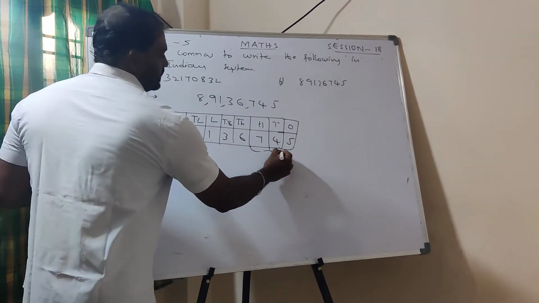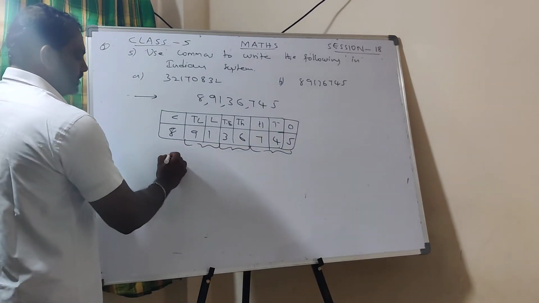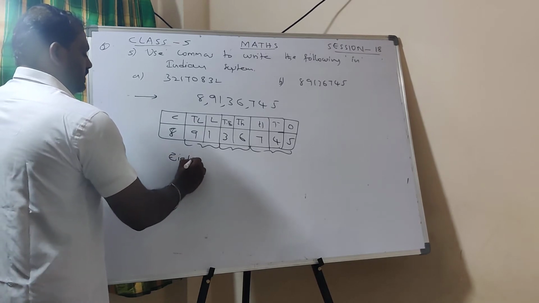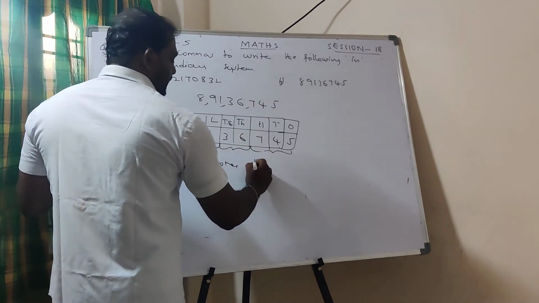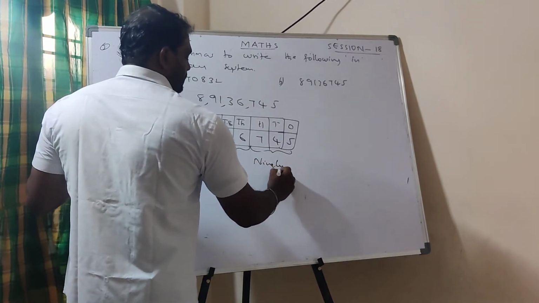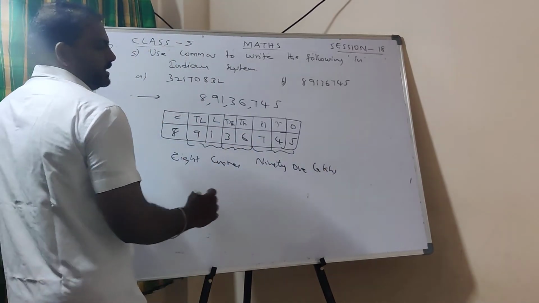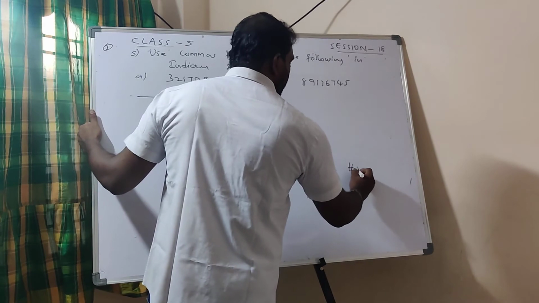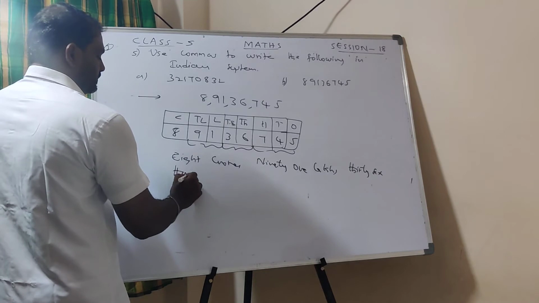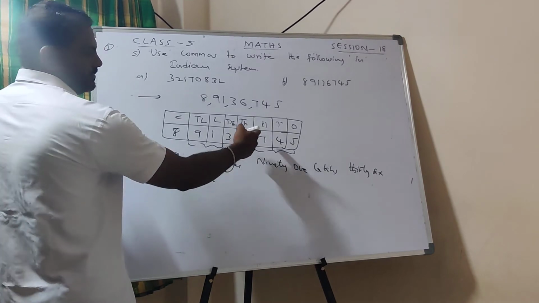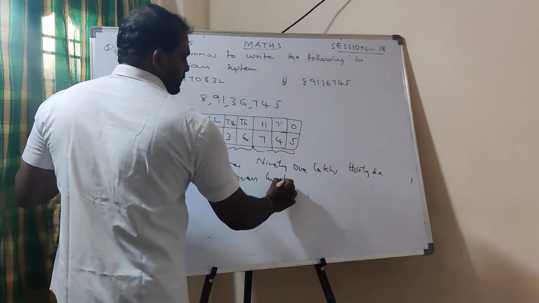So make it into parts. How many crores are there? 8 crores, 91 lakhs, 36,000, 745.